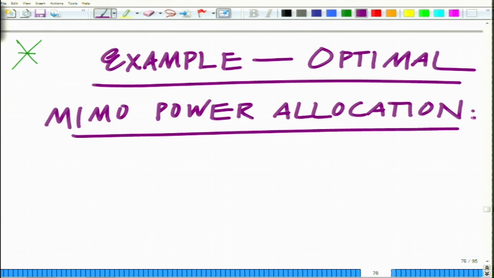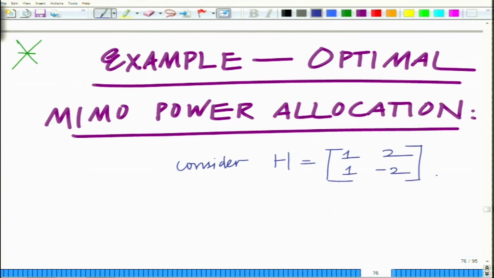Okay. Let us consider the following. Now, consider the MIMO system. Remember, each MIMO channel can be represented by the equivalent channel matrix. So, we have the channel 1, 2, 1, a very simple MIMO channel. Let us say this is our MIMO channel matrix.